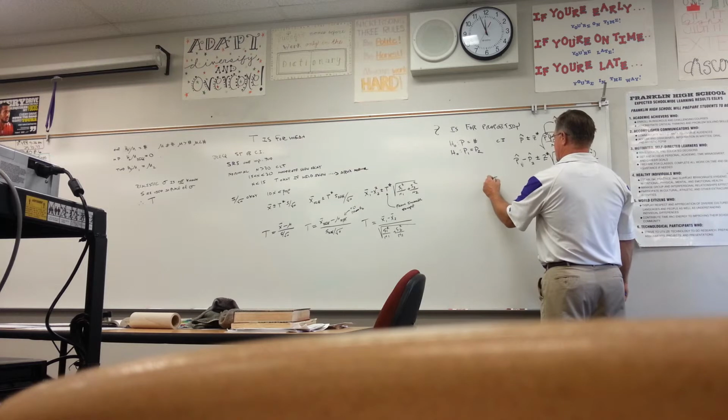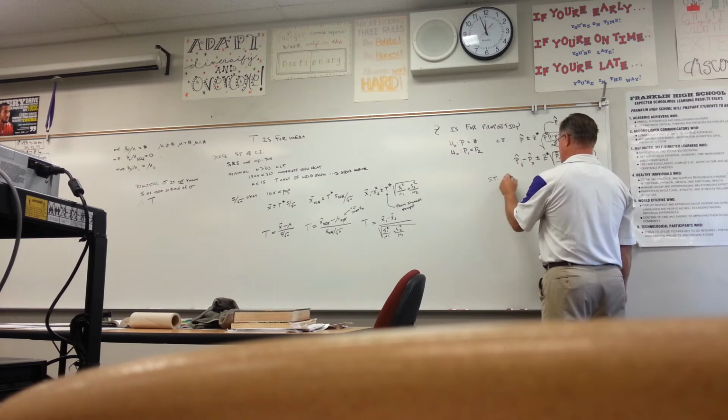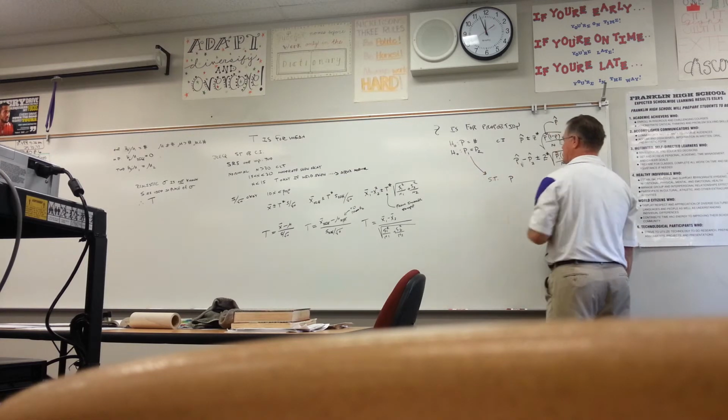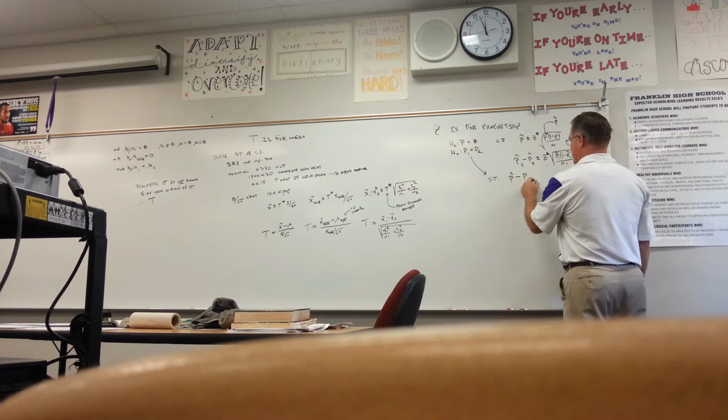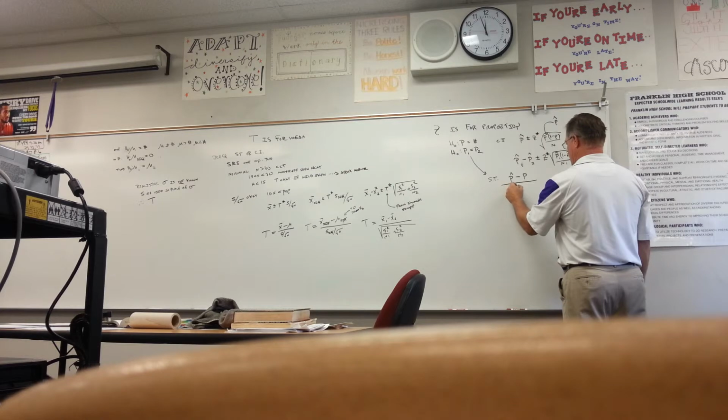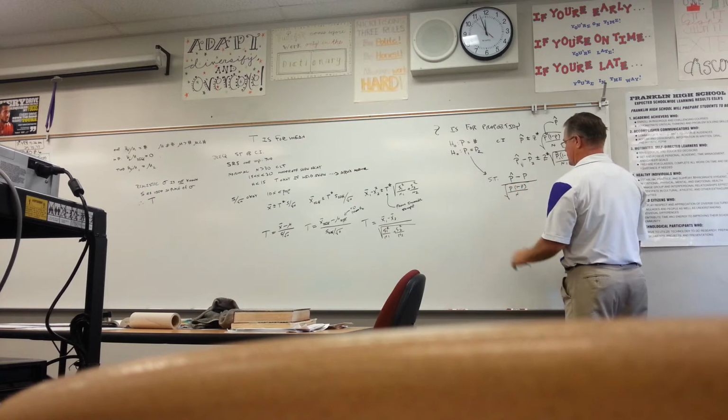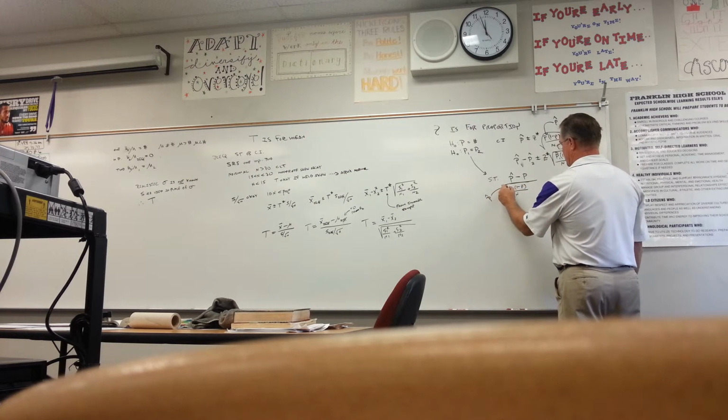For a significance test, I would end up with P hat minus P over the square root of P times 1 minus P over N, depending on whether I knew what it was. Sometimes P hat goes here.